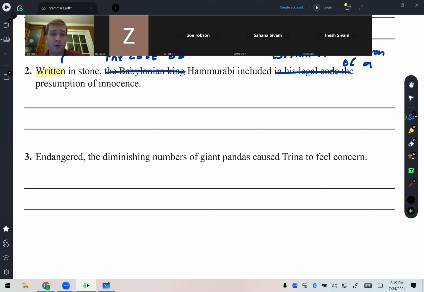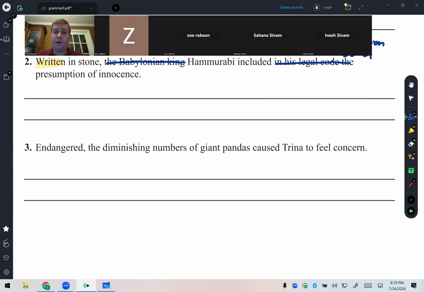Here's the last one. Endangered, the diminishing numbers of giant pandas caused Trina to feel concern. All right, so I'm going to highlight the participle. And this one's actually interesting because we sort of have a double negative here. Just like in math, if we multiply two negative numbers, you get a positive number.